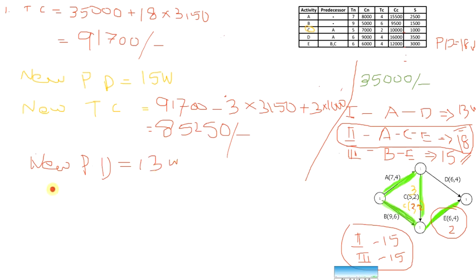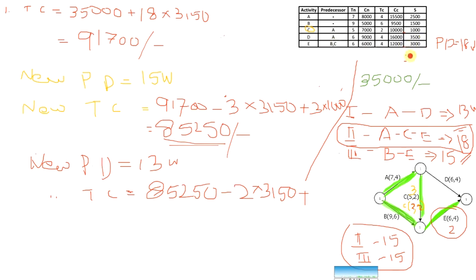Okay, so the new total cost is equal to, how much will be the total cost? The previous cost was 85250 minus, how much was the reduction in indirect cost? 2 times 3150 plus, what is the cost slope of E? 3000.